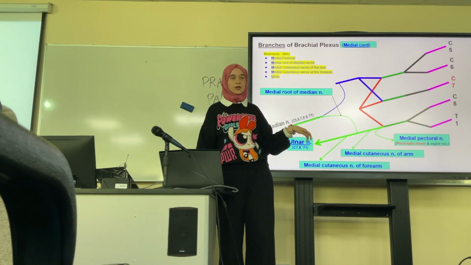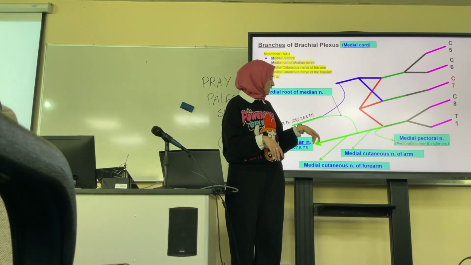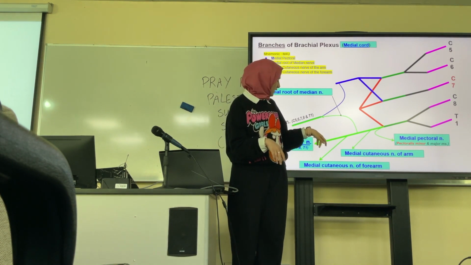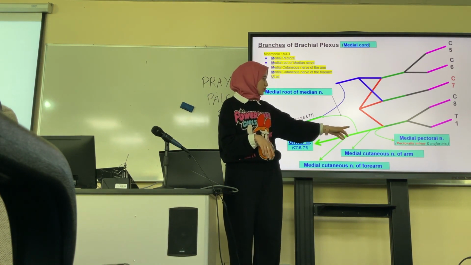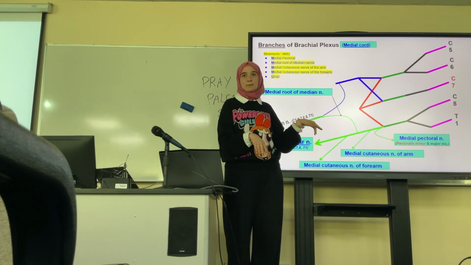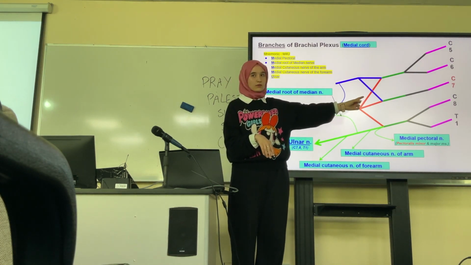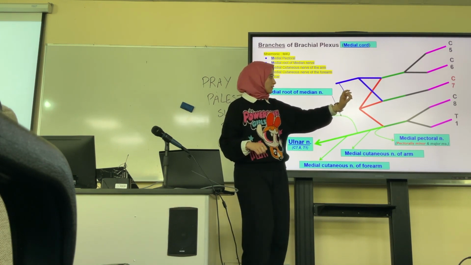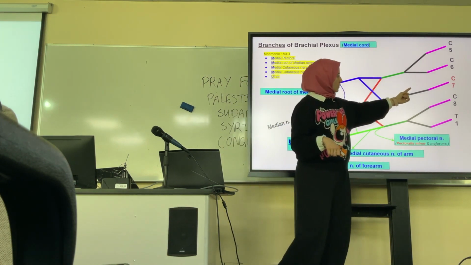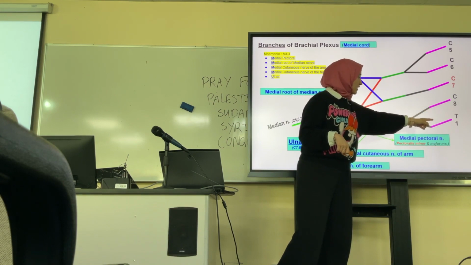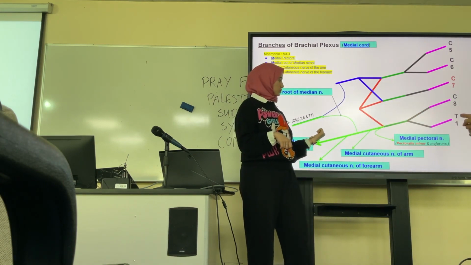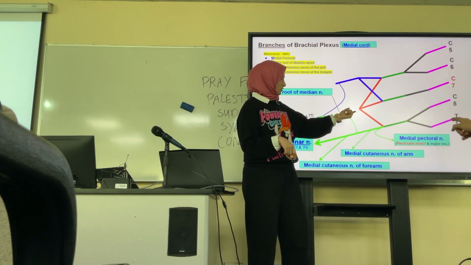Okay, the ulnar. The ulnar is the continuation, as we said, of the medial cord. The medial cord took its root values from where? C7, C8 and T1. Okay, why is it C7, when we only have C8 and T1? Because of this red one, the connection.